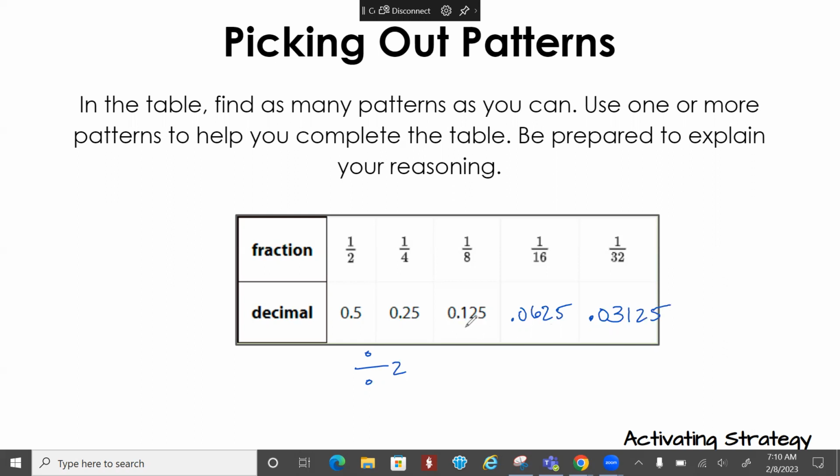You see the pattern? Also, in our fractions, we're multiplying by 2. So when we put it in decimal form, we're dividing by 2.